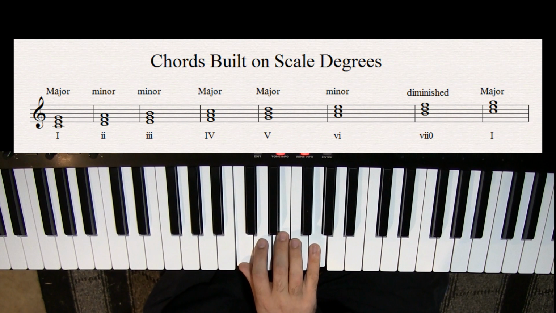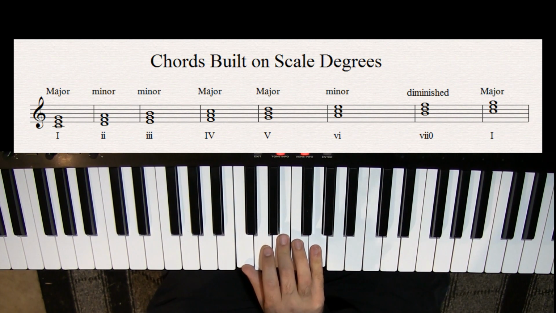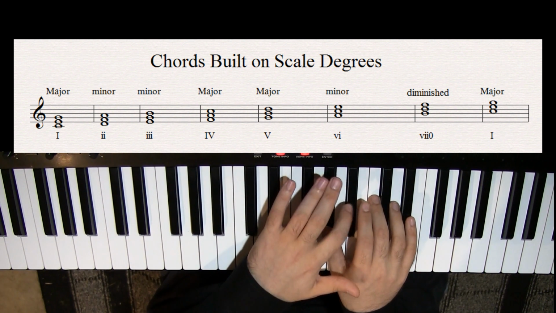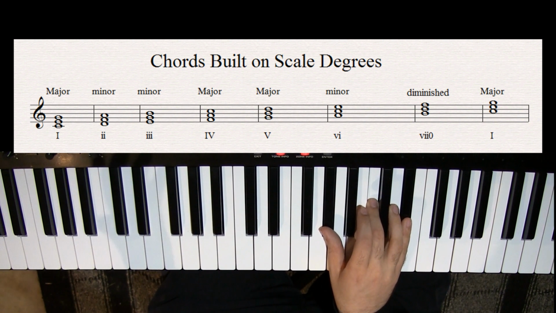And remember that a major chord has 4 half steps between the first and the third, and 7 half steps between the first and the fifth. If you use that formula, you can make a major chord on any note you want. Like say you had A flat. Using that formula, you can make an A flat chord.